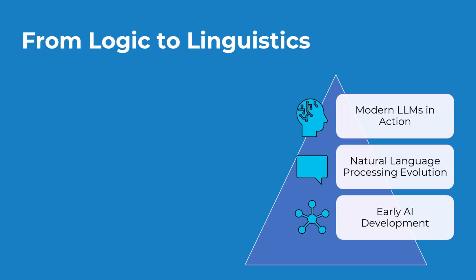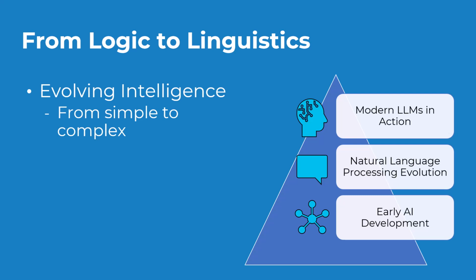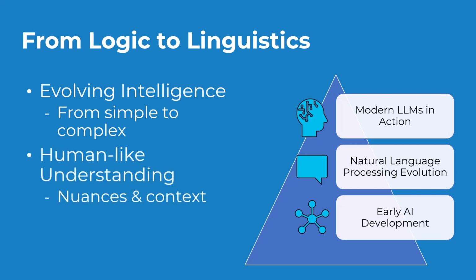So, our modern LLMs mark a significant leap from initial AI models, offering nuanced understanding and generation of human language. These models go beyond keywords, grasping the full context, achieving human-like text and language.